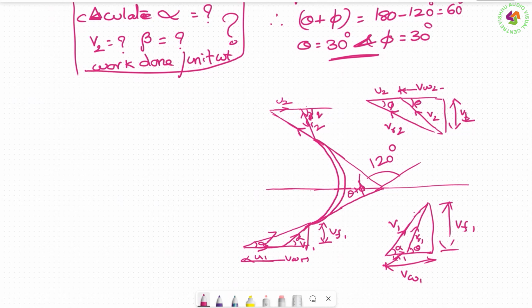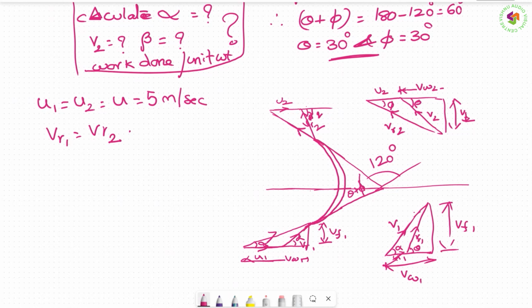So coming to the problem, how will I really solve it? The peculiar thing is that in the previous problem, I was given only alpha and beta and tried to find theta and phi. Now, given theta and phi, how to find alpha and beta. So first thing is the plate is smooth. So U1 is equal to U2 is equal to U is equal to 5 meters per second. Then the second one is VR1 is equal to VR2. So this we make.